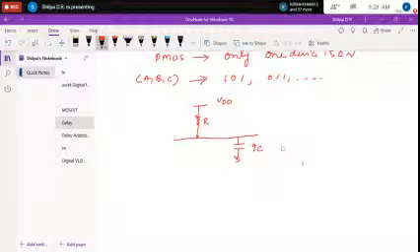Now the discharge. For example, as I said, only one device will be on: 101, 011.